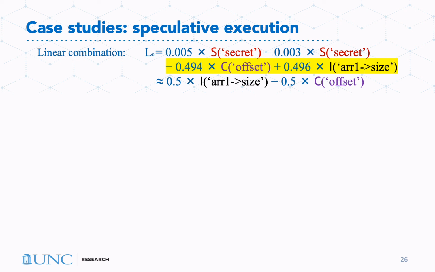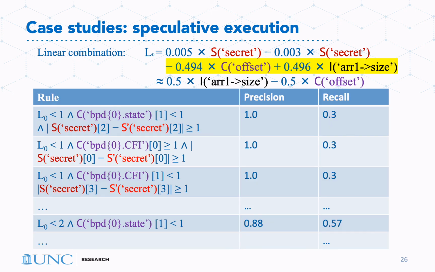First, we use a local linear model to generate some linear features. Here, we have a linear feature representing whether the offset value is higher than the array1 size. The first feature we use inside the rule indicates that the offset is higher than array1 size.